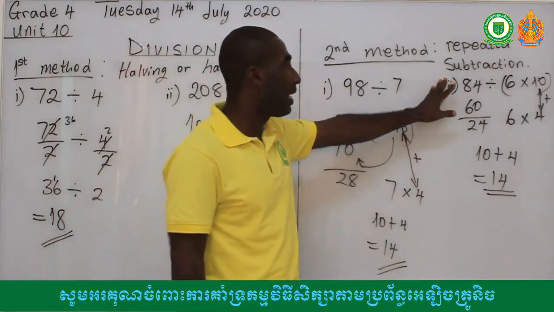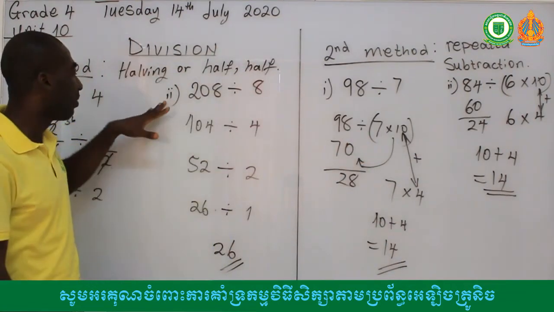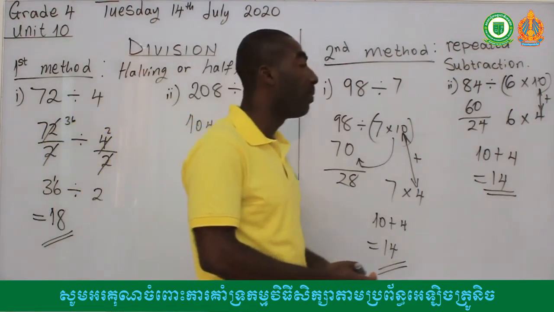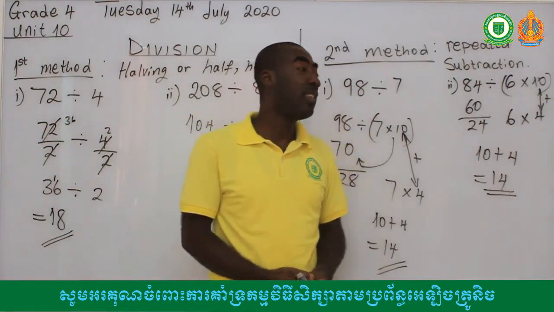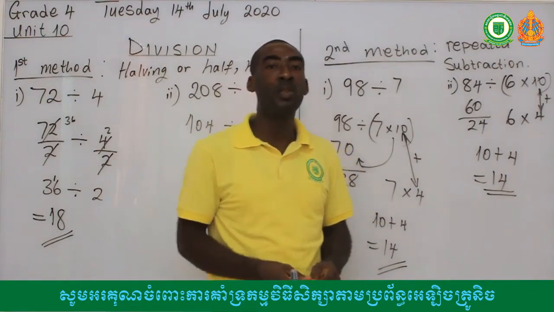So these are the steps that you have to take in finding answers for repeated subtraction and for the half-half system. I will post your first activity or first task on this section, and then we'll continue on our second video.